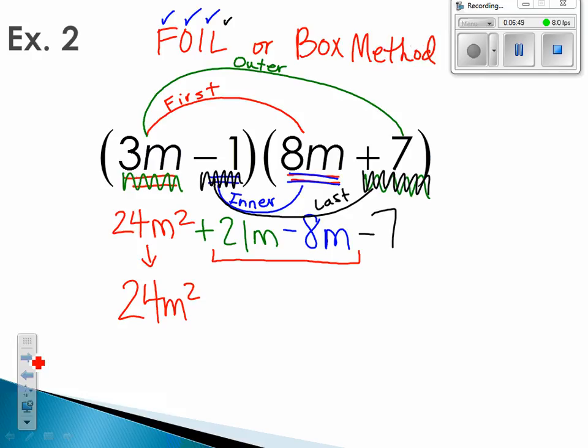So 21 minus 8, what's that going to give me? 13? And then nothing else goes with my -7, so I just bring that down.